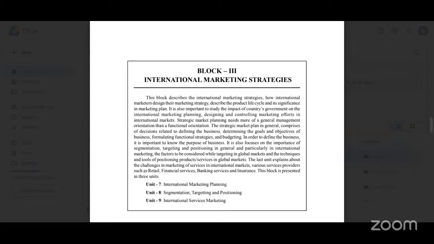I'm Kolla Krishna Madhavi. And in block three, what we will be looking at is international marketing strategies and how international marketers design their strategy based on the product life cycle and its significance in marketing plan in an international environment. We also need to study the impact of country's government on international marketing planning, designing and controlling marketing efforts.